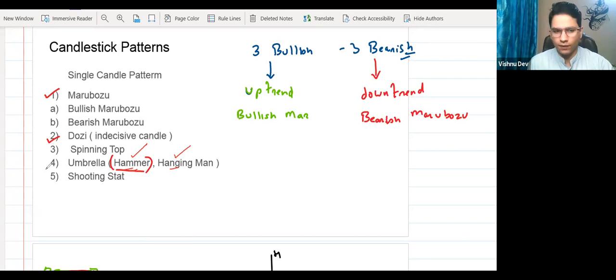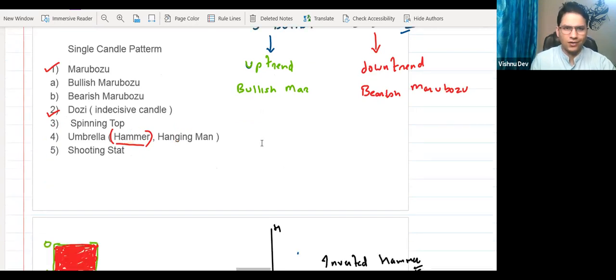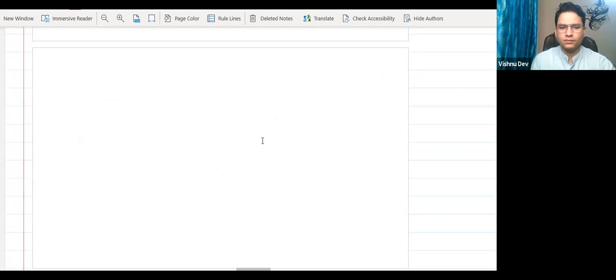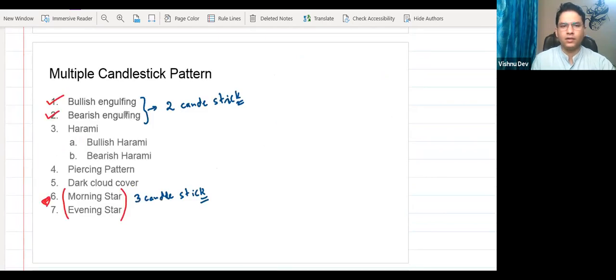We will discuss the hammer today also, because we haven't discussed it clearly in the last class. Bearish or bullish doesn't matter in the case of this, or the inverted hammer also.